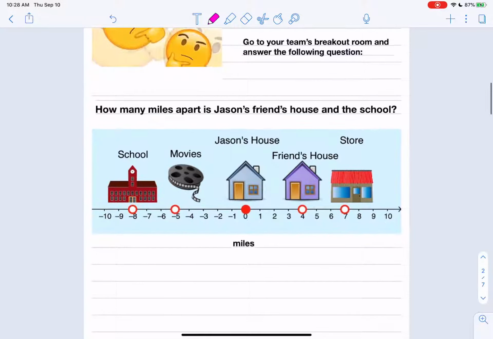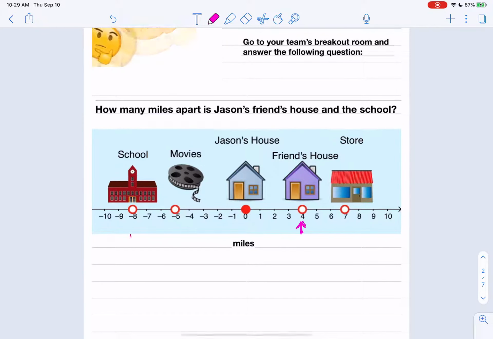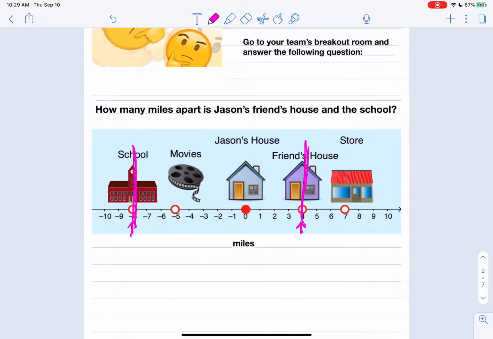So if I'm looking at this and we want to know from Jason's friend's house, which is right here at mile 4, and the school, which is right here at -8, and I want to know the distance between them, what I would do is, here's my -8, here's my 4, and I would just count how many spaces or how far apart these two places are.